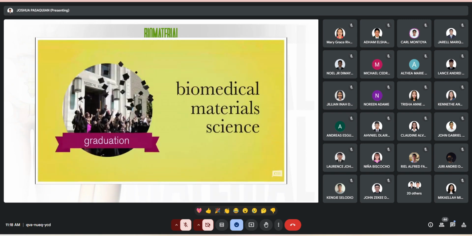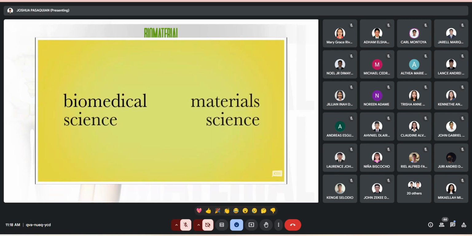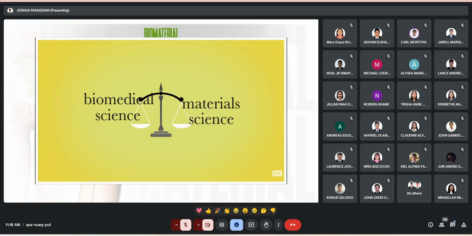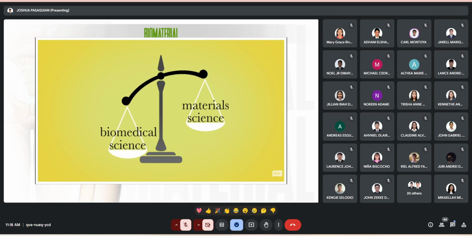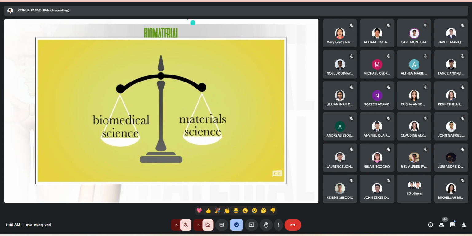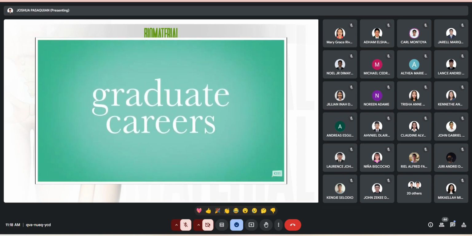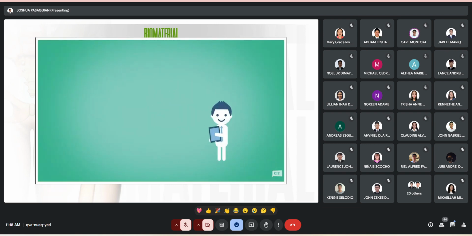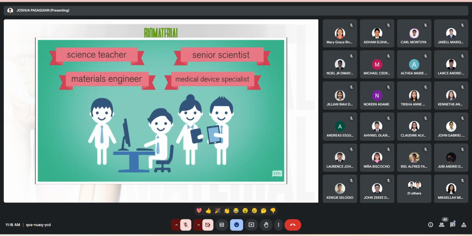The Biomedical Materials Science degree course at the University of Birmingham combines biomedical science and materials science. Both subject areas are covered equally, allowing students to develop their knowledge and understanding of artificial materials and how they interact with tissues in the body. Graduates of biomedical materials science have successfully progressed in many different careers, including as a medical device specialist, senior scientist, materials engineer, and science teacher at organizations such as Pfizer, Ministry of Defense, and the NHS.